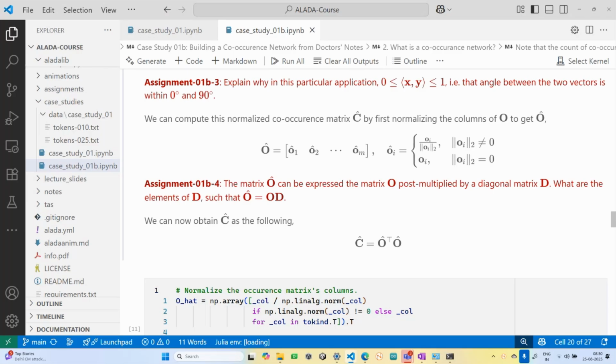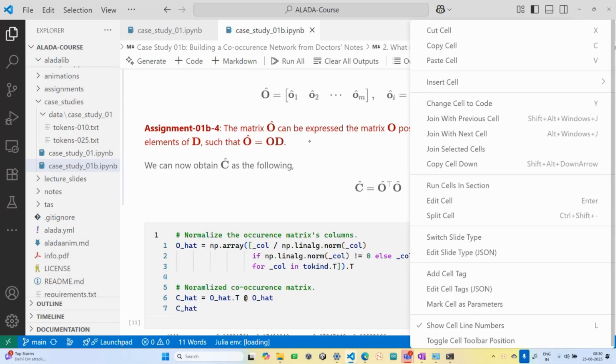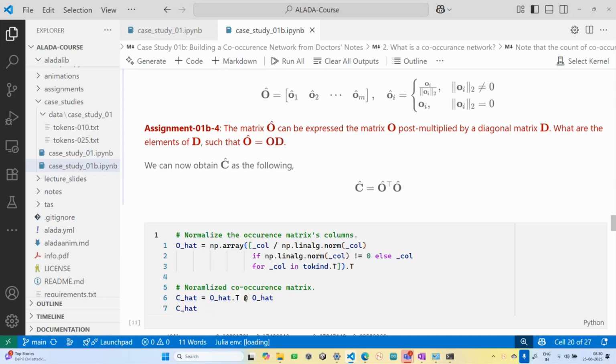It also matters how many reports you have. Right? So we are essentially normalizing each of the columns by the number of reports we have. Okay, normalizing it by no, not the number of reports we have. I'm sorry, normalizing it by the number of times that that particular token occurs. Okay.